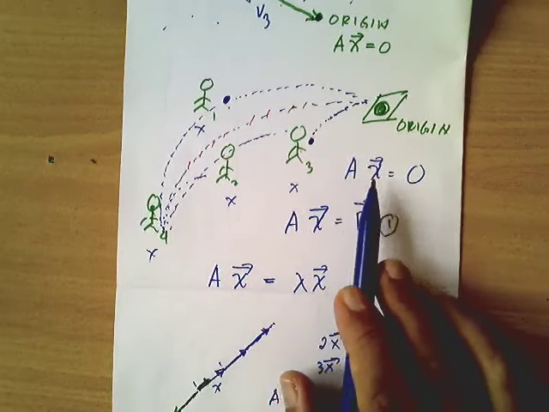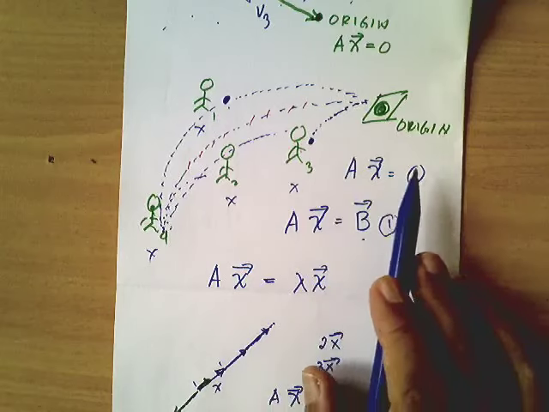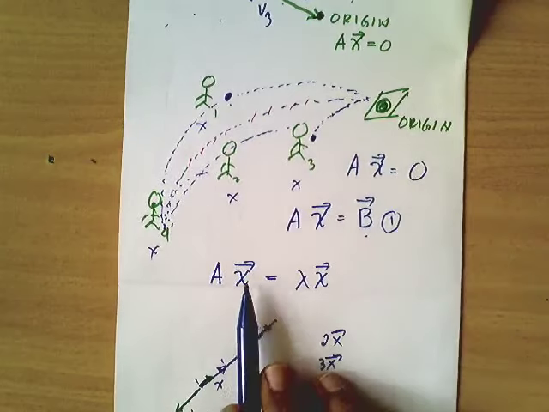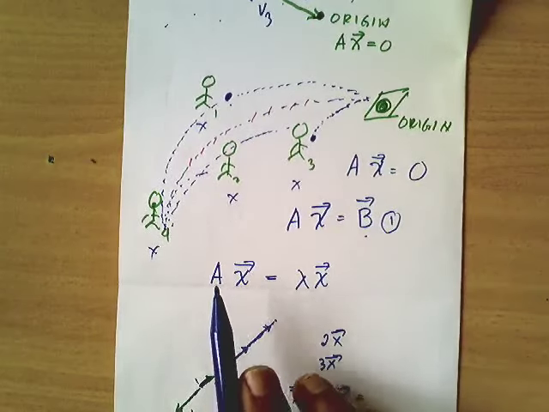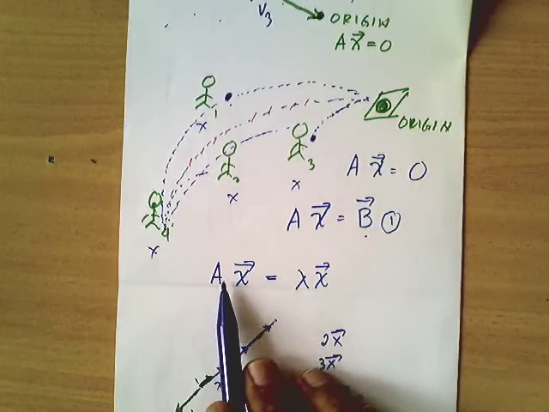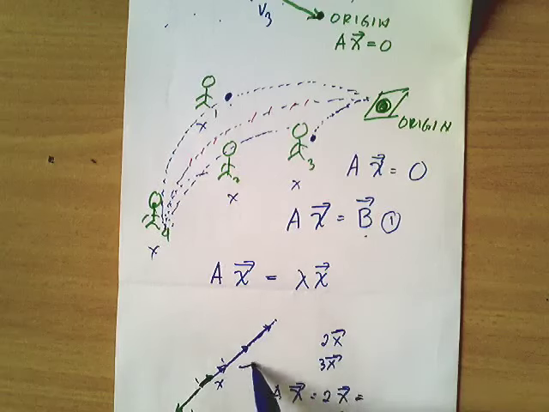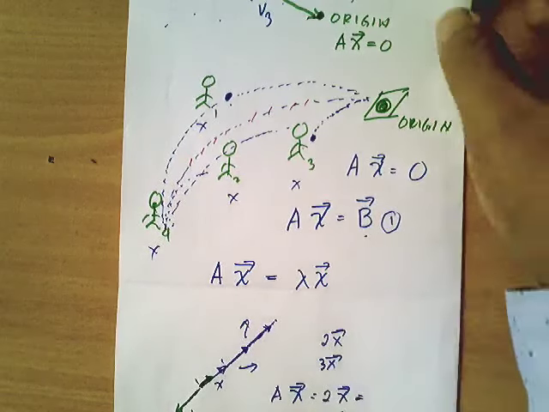This one means the set of all x that can be transformed by A into the origin. This one means the set of all x that when transformed by A will be on the same direction as x. It will not go out of that line. It will just stay on that line. So that is the one that we're looking for.